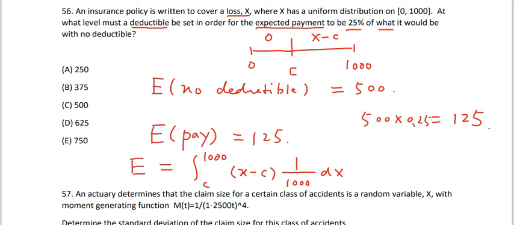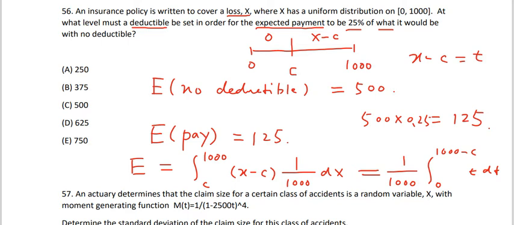For this integration, we take the constant outside and use substitution. We say x minus c equals t. So t becomes from 0 to 1000 minus c. So t dt, right?